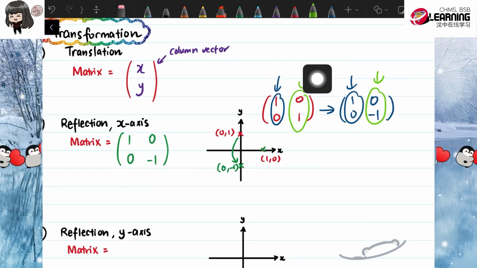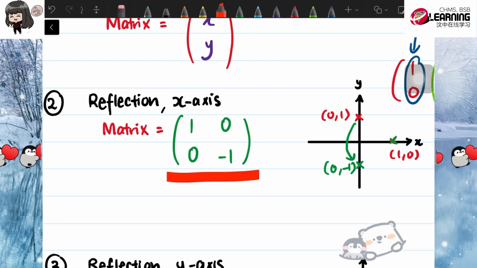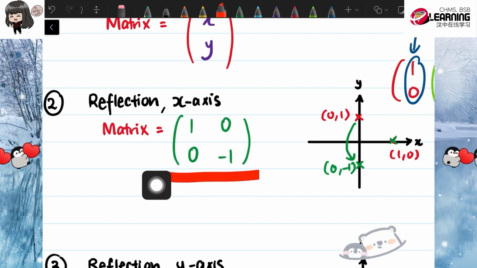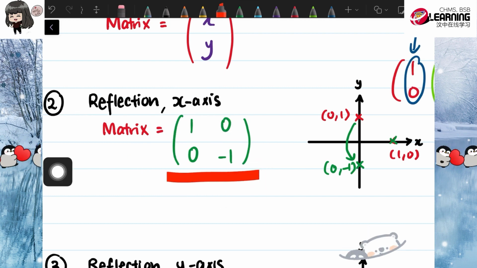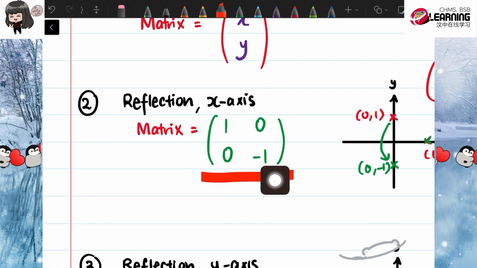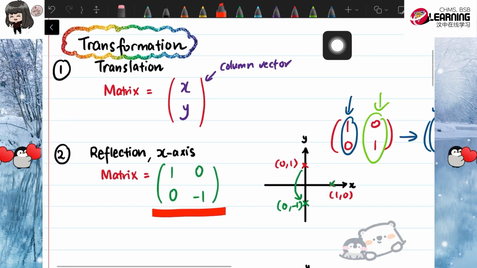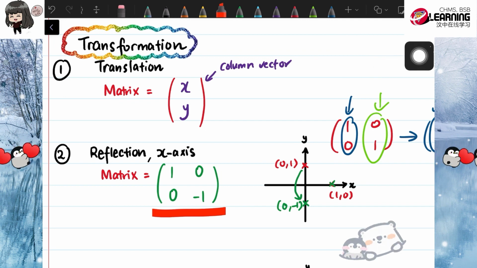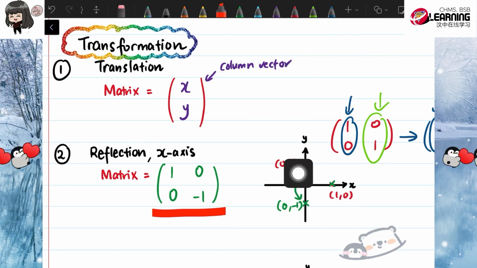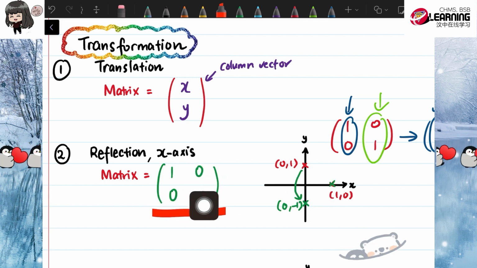So this 1, 0, 0, negative 1 is now your reflection x-axis matrix. You remember that. Some people memorize that 1, 0, 0, negative 1 is a reflection of x-axis, or you do like how I do it: you remember 1, 0, 0, 1 first, then you reflect x-axis, see where the coordinate goes, and write it down here.